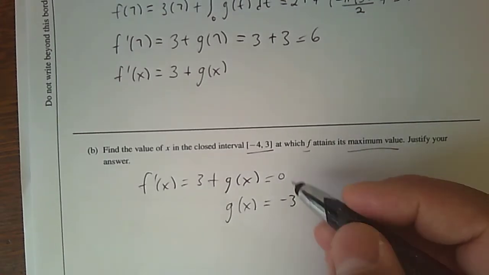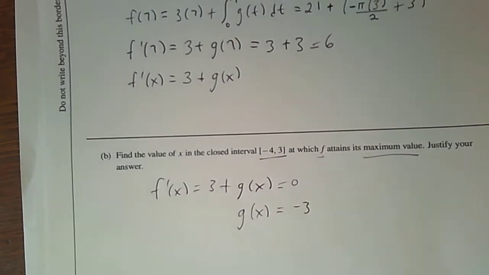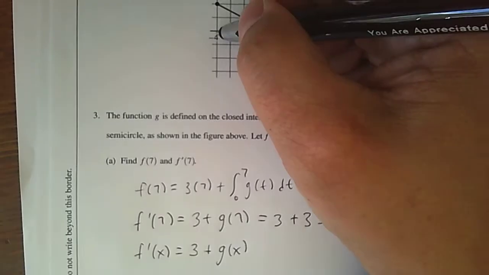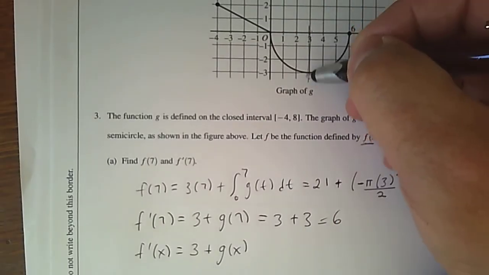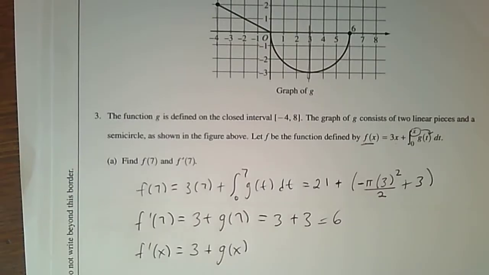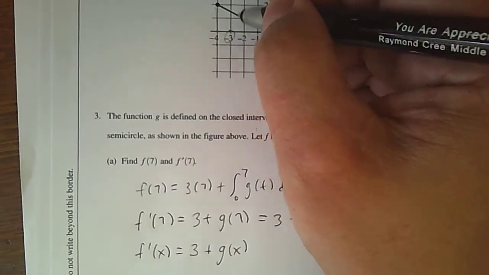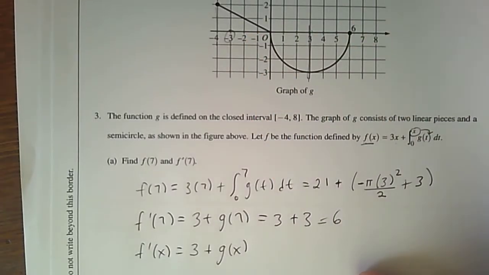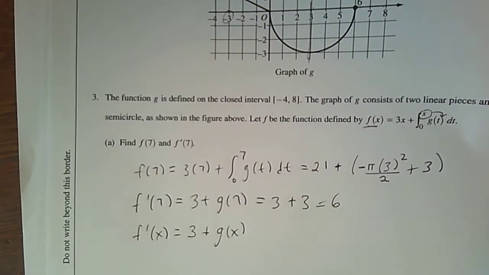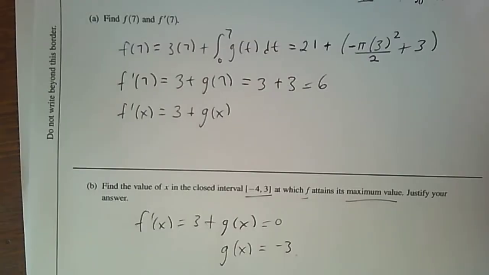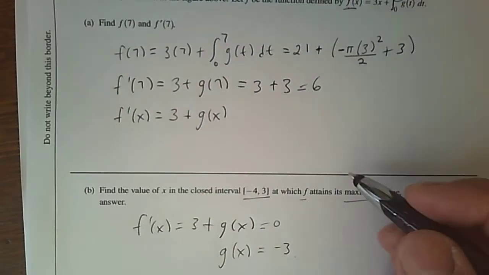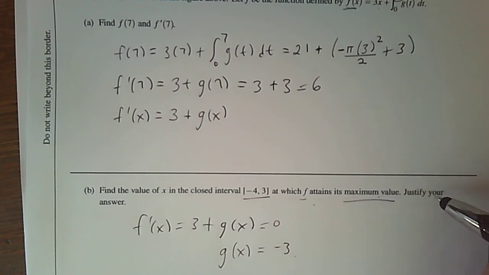So -3 from -4 to 3, let's look at that. Something happens at -3, but that's going to mislead us, I think, as I'm trying to think through. So at which f attains its maximum value from -4 to 3.